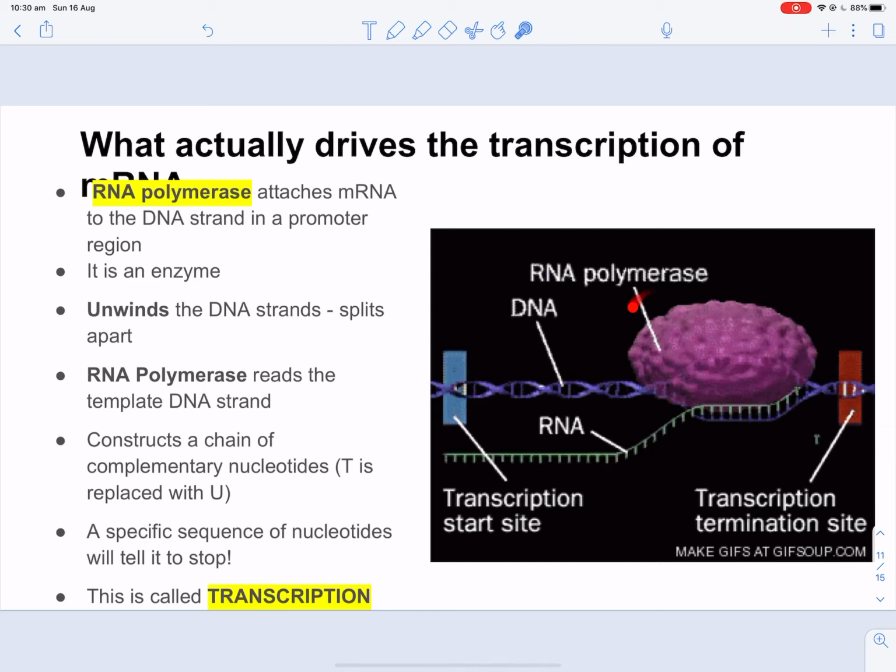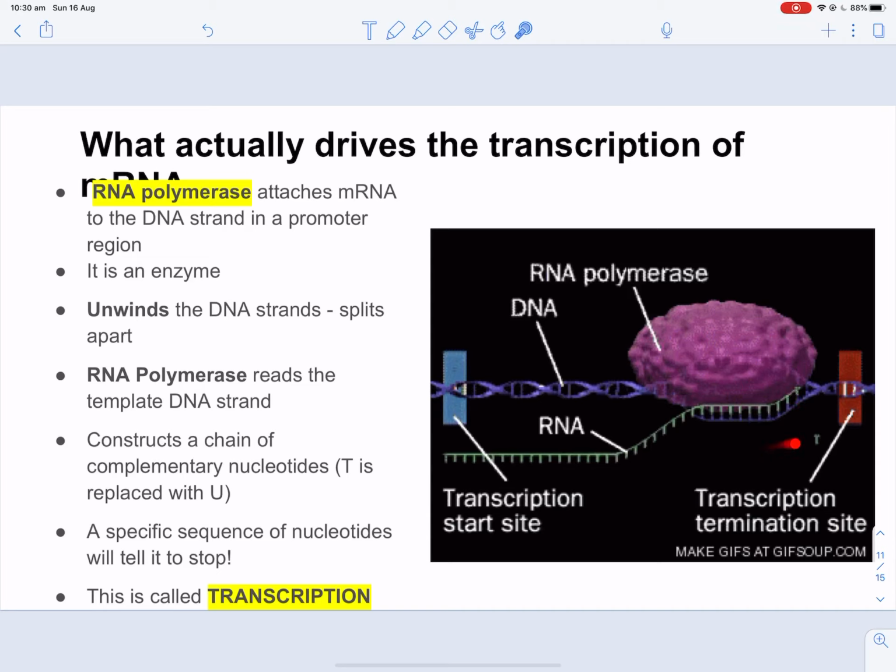What happens first is that the RNA polymerase, this big molecule here, will attach to the DNA in this specific region. This is called the promoter region. And basically what it does is it just plops along here and it unwinds the piece of DNA and opens it up like this. So it's just opened it up and it's accessing this template strand here.